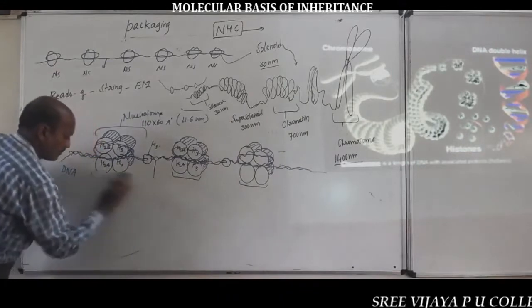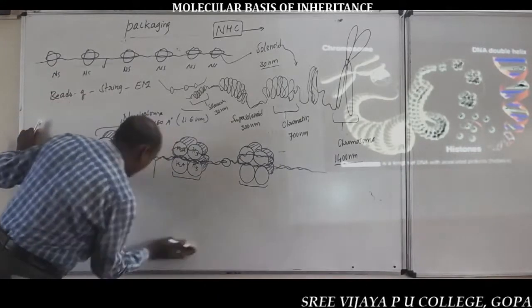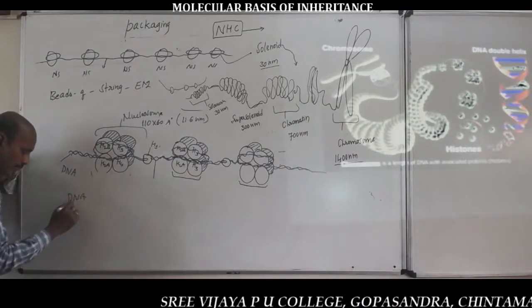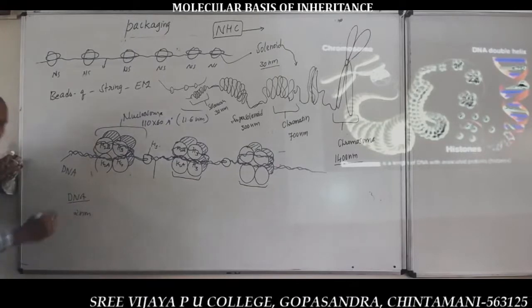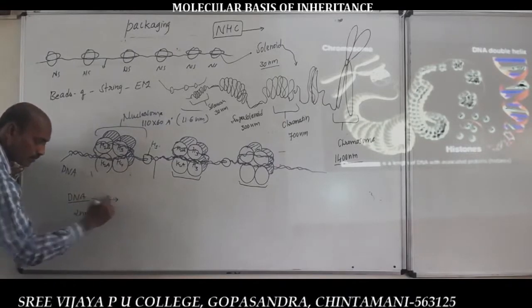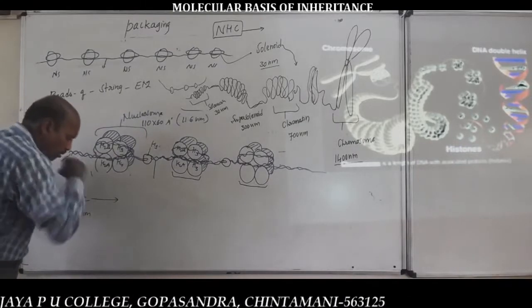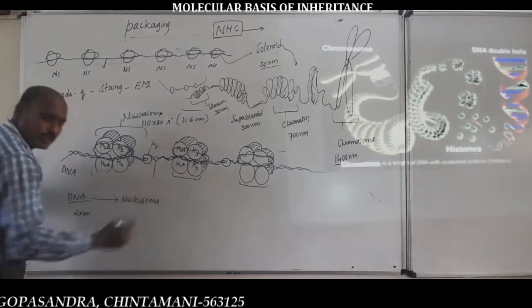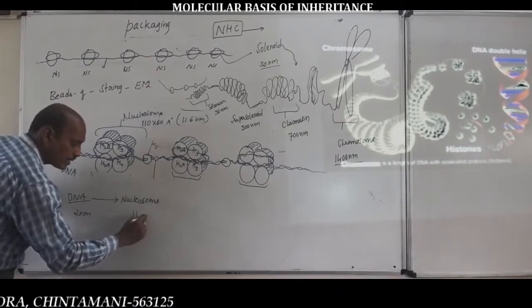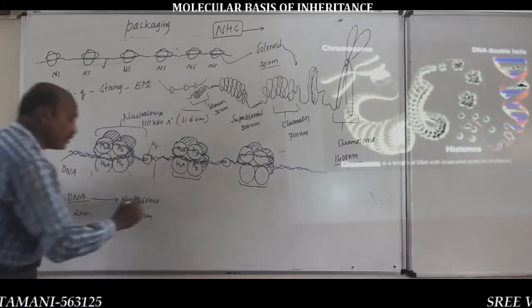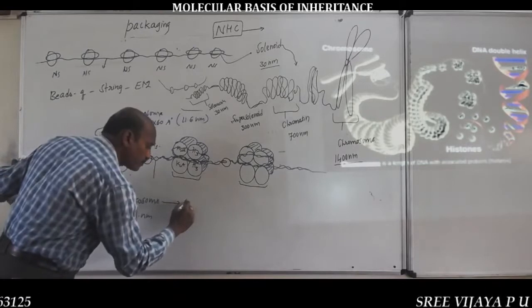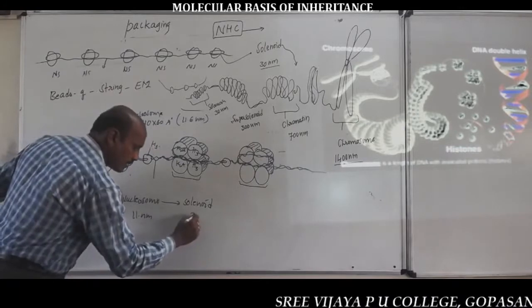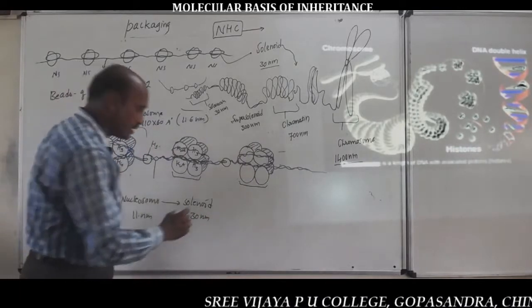The sequential organization of chromosome is: DNA, approximately 2 nanometers in diameter, condensed to form nucleosome with 11 nanometer dimension. Nucleosome condensed to form solenoid, 30 nanometers in diameter.